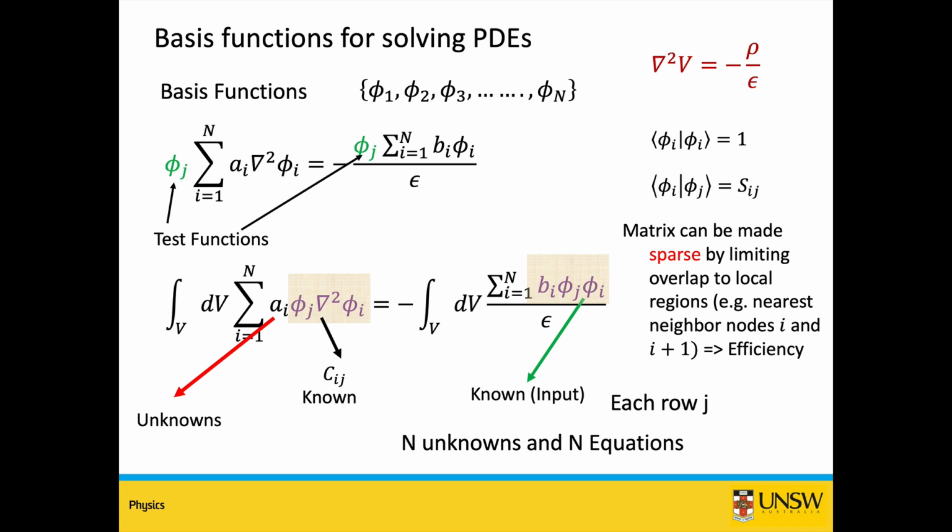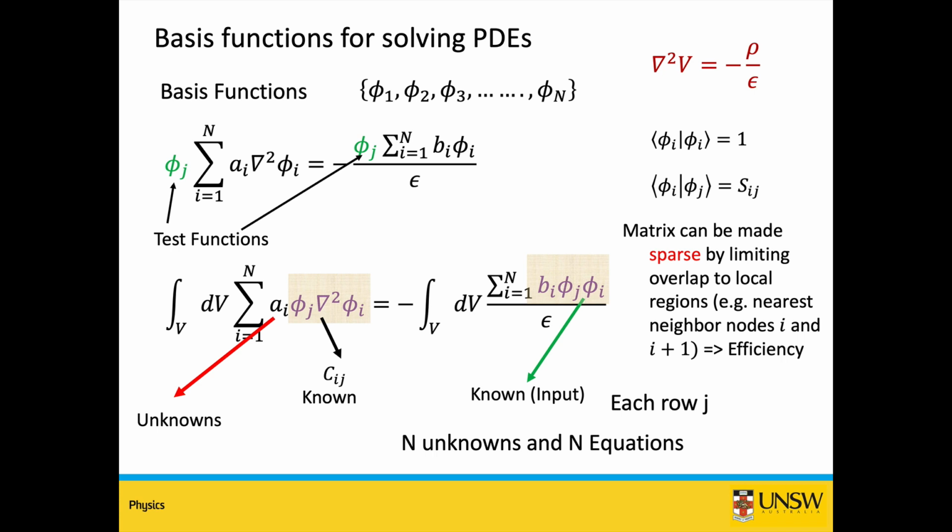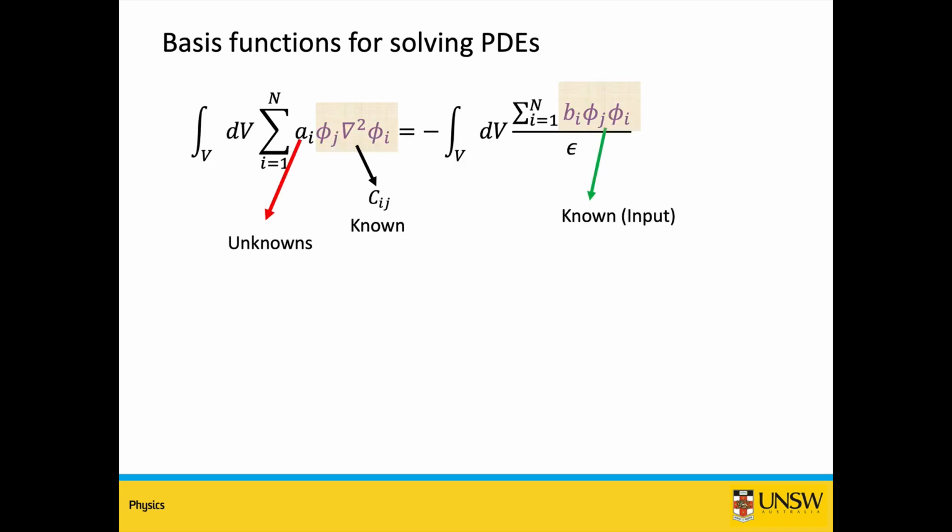So there are n elements of a sub i's. And then for each row we have one equation, and we have n rows overall, so we have n equations. So we end up with a system of n unknowns and n equations. They are all linear equations, and we should be able to solve them.